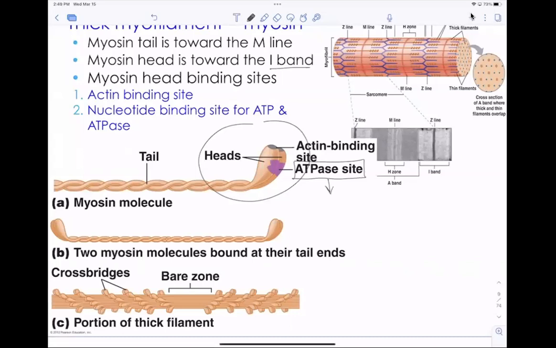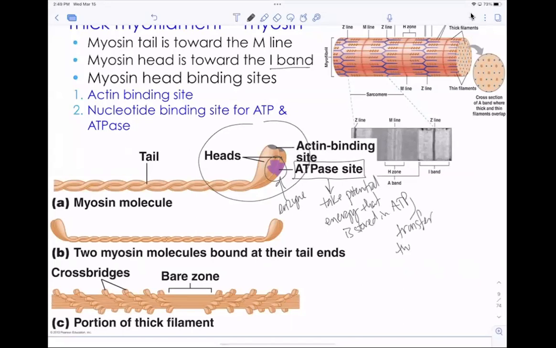And what this enzyme does is it is going to essentially take the potential energy that's stored in ATP and transfer that energy into the myosin head.